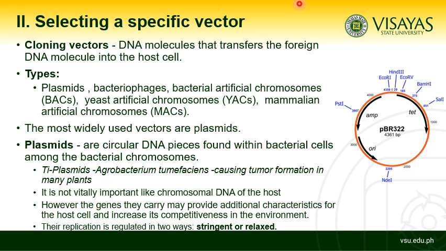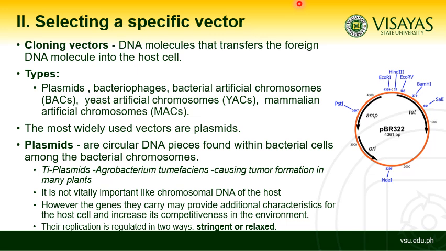So those are the tumors, the crown galls on our plants, especially on the roots. It's because of the presence of this tumor-inducing plasmid that was inserted from the bacteria to the plant. Crown galls develop upon transfer of a portion of the tumor-inducing plasmid, and we call it the transfer DNA.